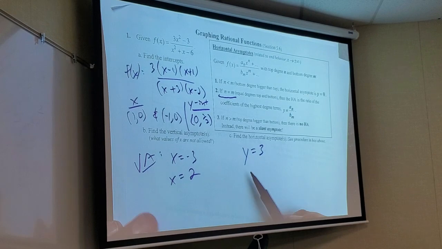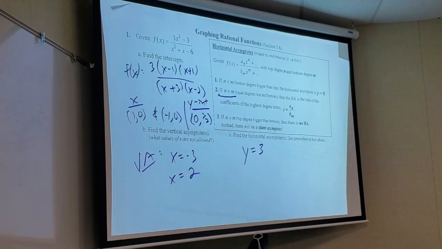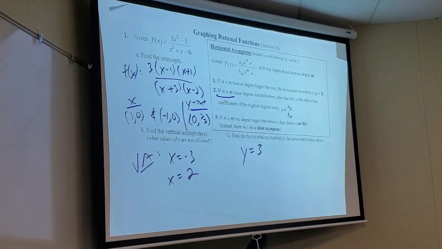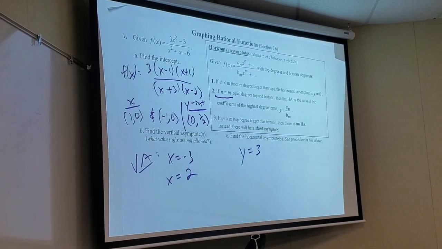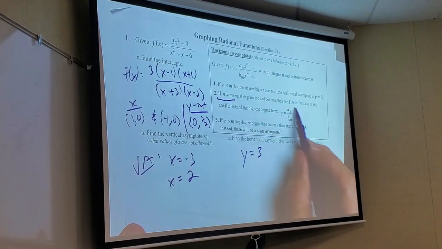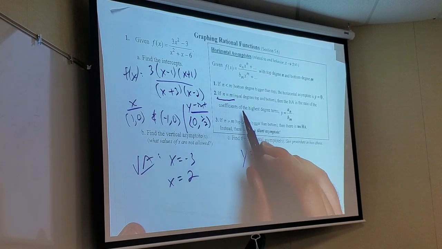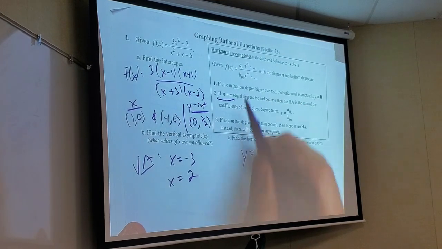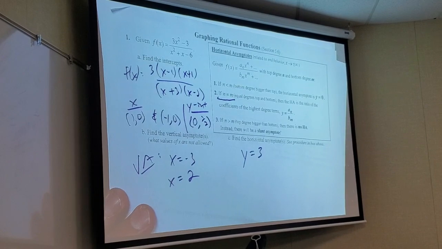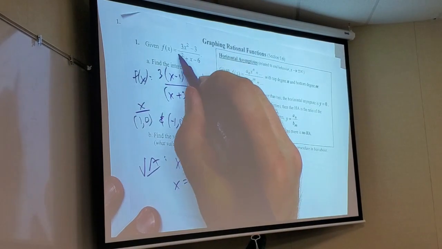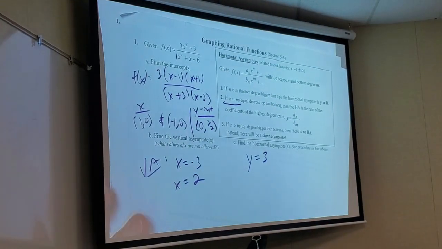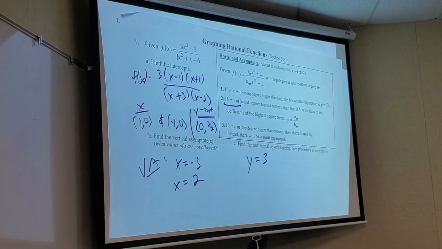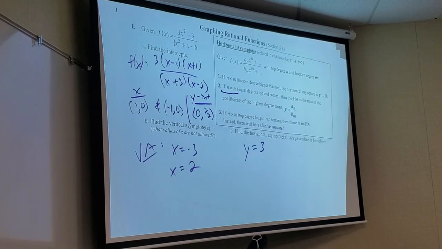Like you just saw, some evil book or person could give it to you out of order, so find the highest degree, correct? Then the horizontal asymptote is the ratio of the coefficients of the highest degree terms, just like we just did. Why was it 3 here? Because 3 over 1. Those are the highest degree terms, the same degree. That's the asymptote.